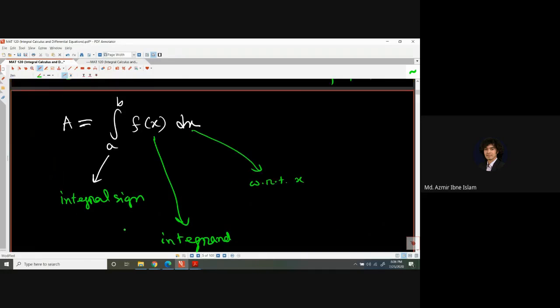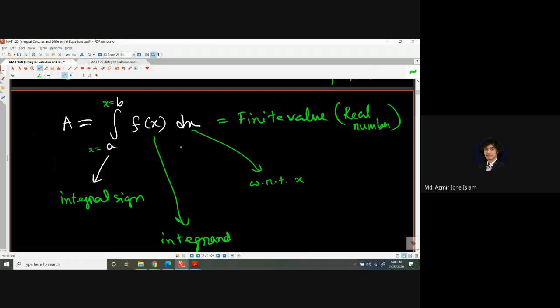That will give us a finite value. We will get a finite value, or we can say it will finally be a real number, because the function is continuous from x equal to a to x equal to b.